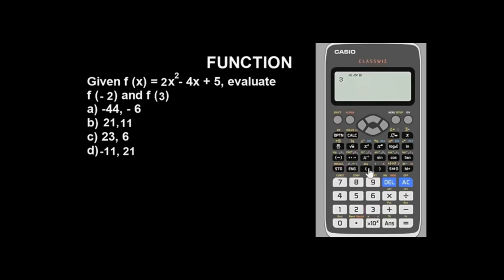That's shift, store, and x. So let's input the function again: 2 alpha x square minus 4 alpha x plus 5, which gives 11. So you still get the same thing, guys.